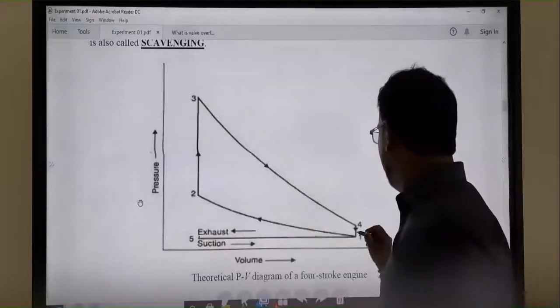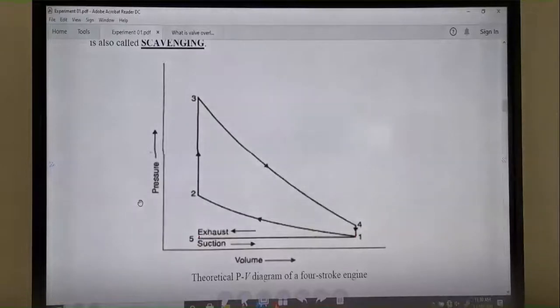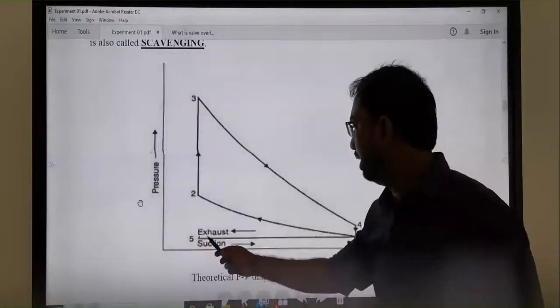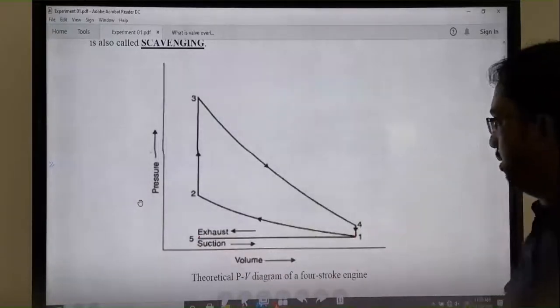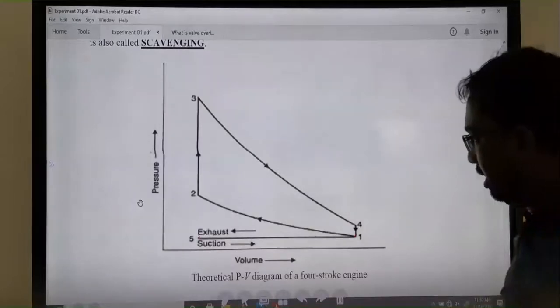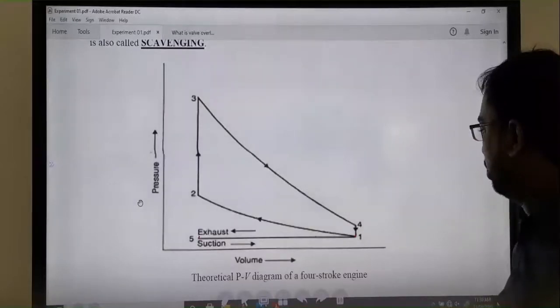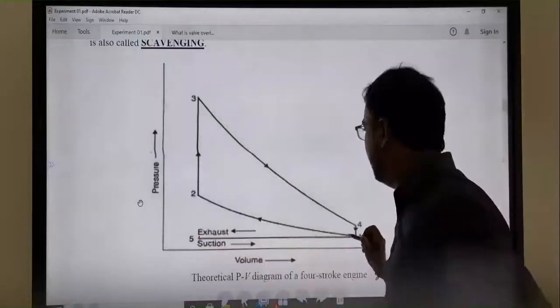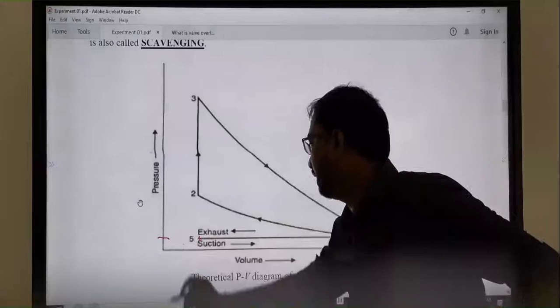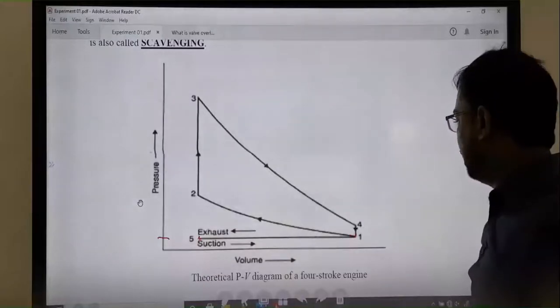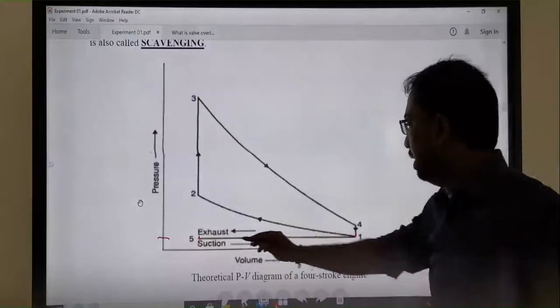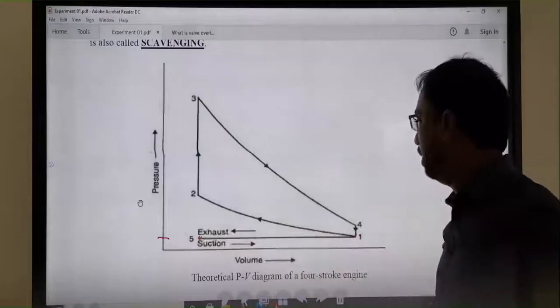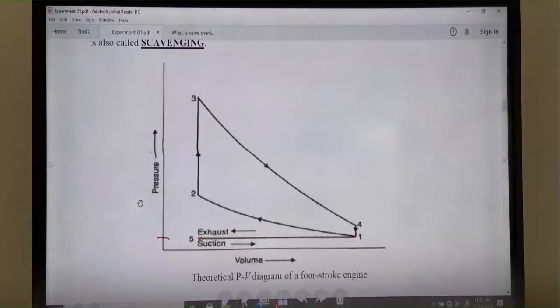From 5 to 1, the area we can see is the suction stroke. At this time there is no pressure change. This is a constant pressure, and there is a gradual volume increase.